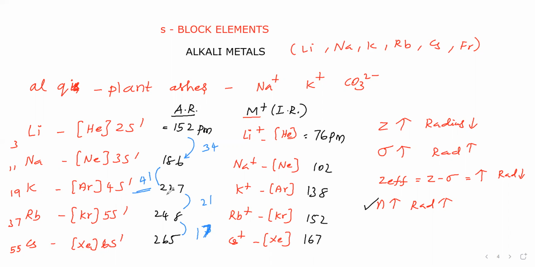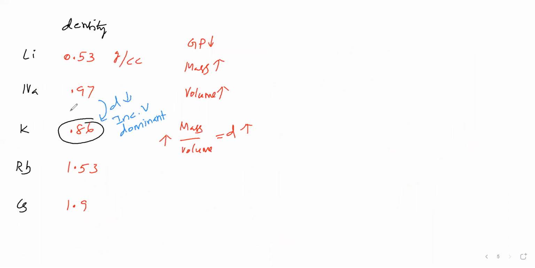So how the density is, we have seen. Down the group density increases, but from sodium to potassium density decreases. Okay, so density of alkali metals, how it is, that we have seen.